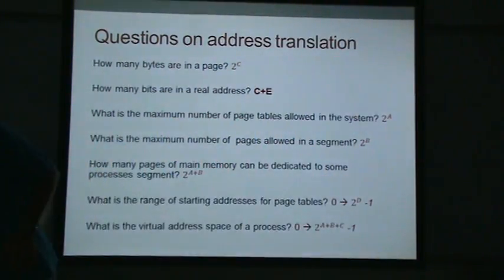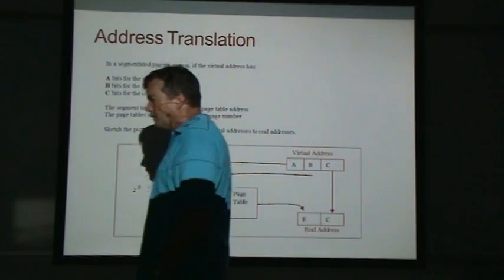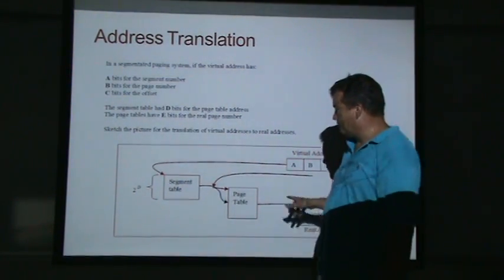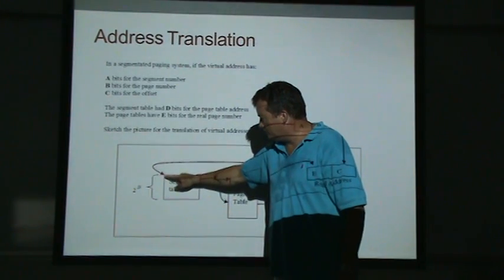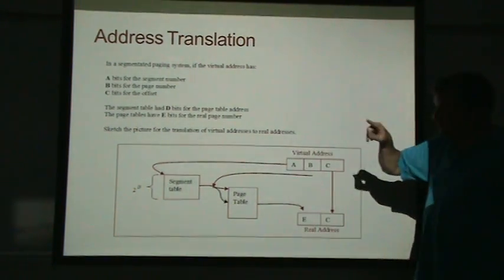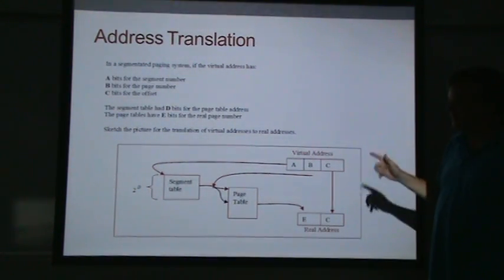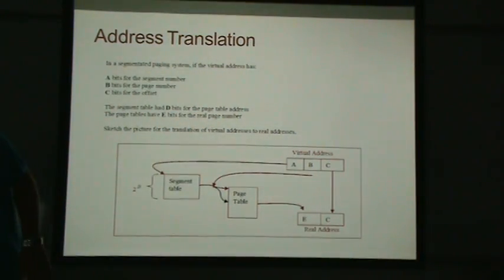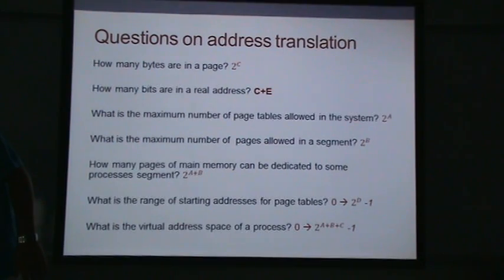So the location for the page tables could be anywhere from 0 up to 2 to the D, and I'm saying minus 1 because we're starting at 0 and going to that number minus 1.